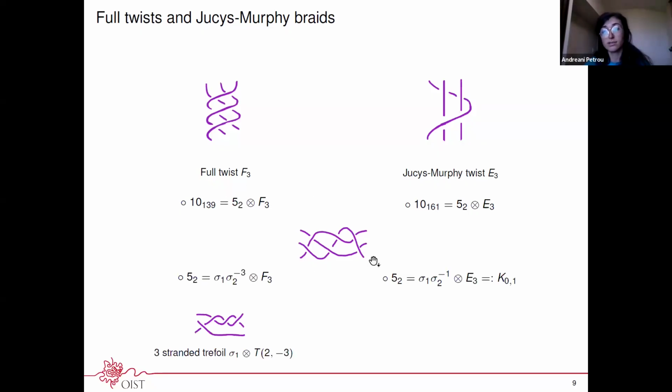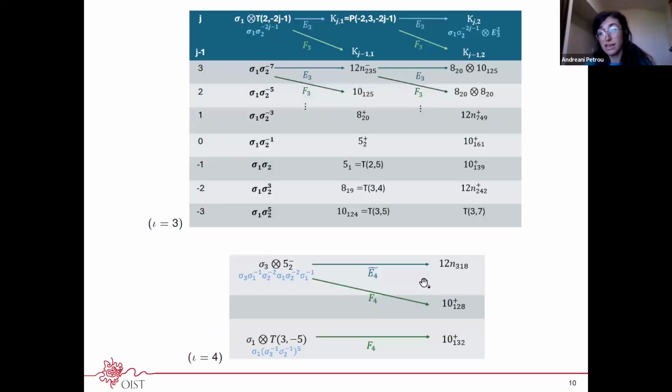And in turn, I could start from this 3-stranded version of the trefoil knot and attach a full twist to get 5_2 itself, or alternatively, I could obtain it from some 3-stranded version of a knot with the Jucys-Murphy twist. And what I just described is nicely summarized in this factorisability map.